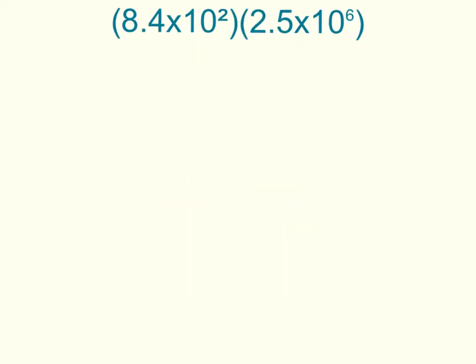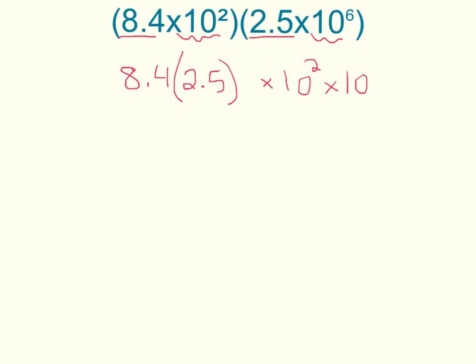So here's our second example. First, because we can multiply in any order, we're going to multiply our coefficients together, 8.4 times 2.5. And then I'm going to multiply my powers together, 10 squared times 10 to the power of 6. Well, 8.4 times 2.5 is 21.